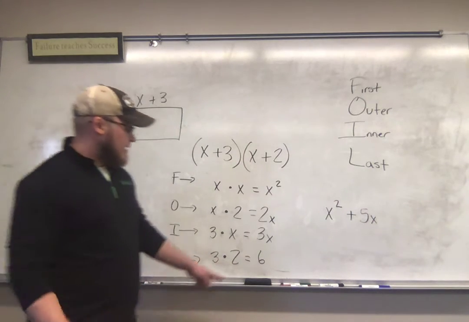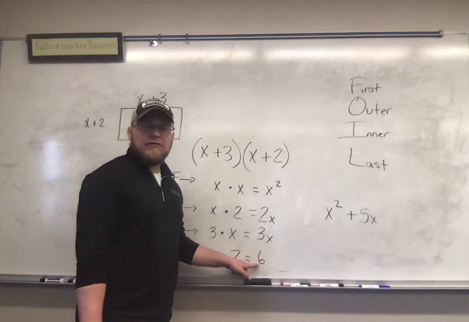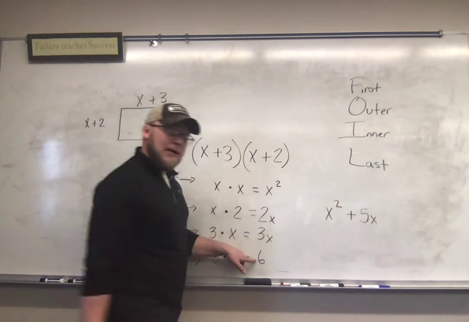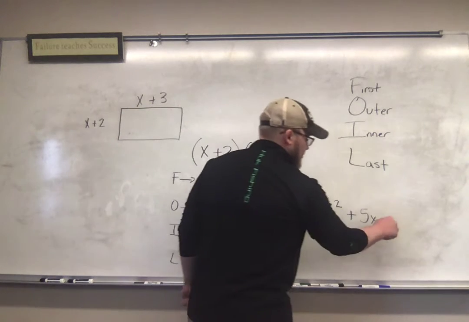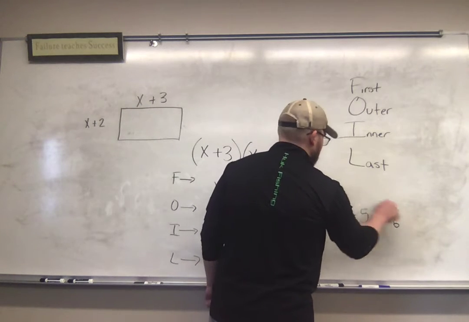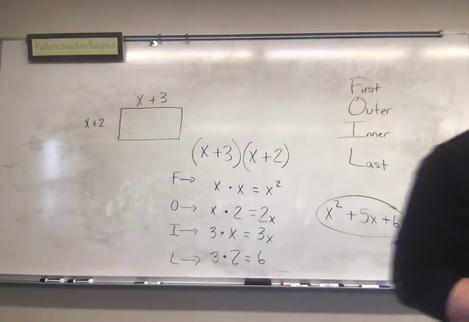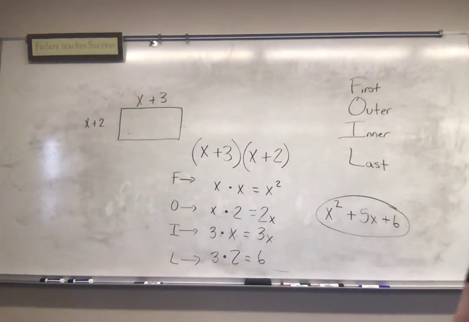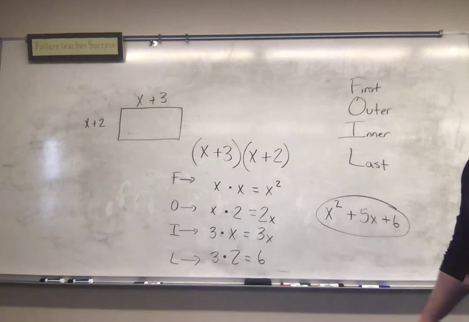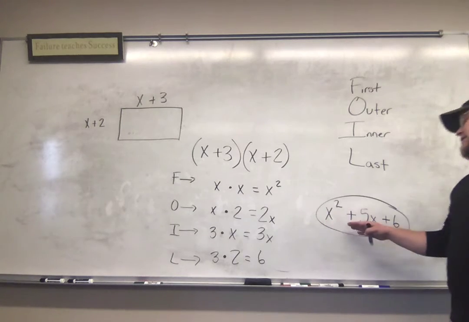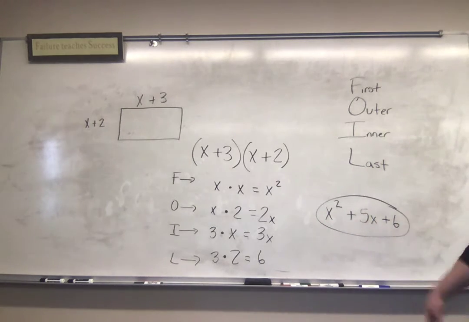And then it's just the last thing, the 6 by itself, you can't combine it with anything else. It is a positive 6, so plus 6. And that is your final answer for what the area would be if you were going to find the area of the rectangle. This would be your answer right here: x squared plus 5x plus 6.